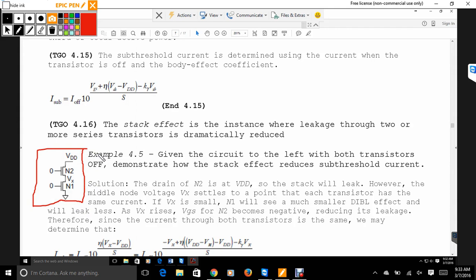So the stack effect is the instance where leakage through 2 or more series transistors is dramatically reduced. So you have a certain amount of leakage current, or leakage current is its ability to get through even though there's not much of an inversion region, right? And now I need to get through yet another one, right?